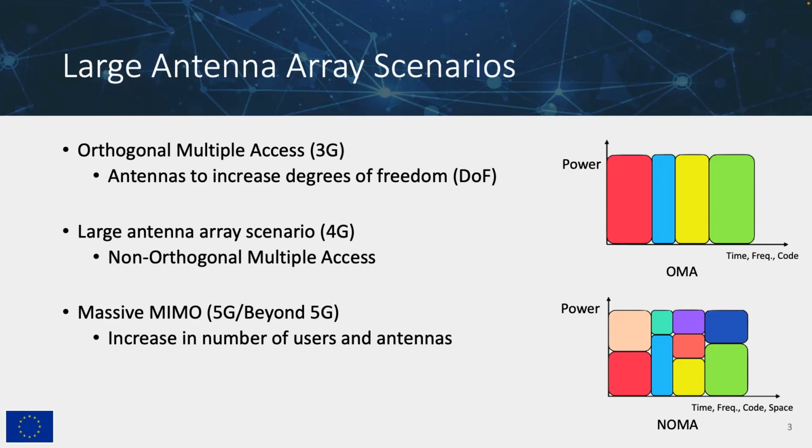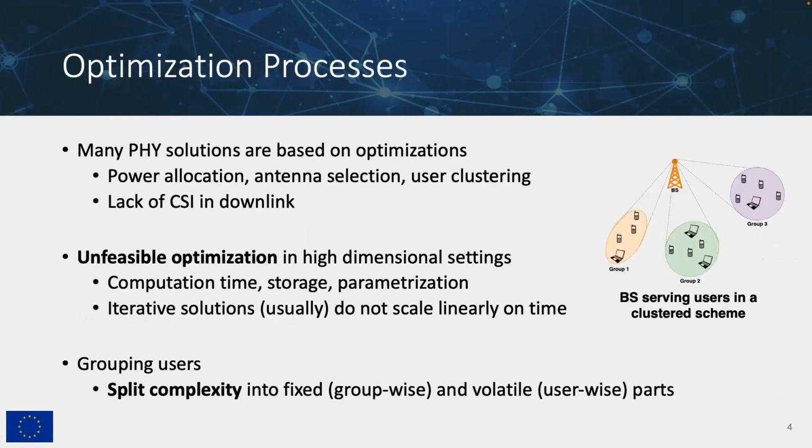The problem with that is that we have limited space, right? So you can't just put base stations and access points everywhere. Then if you have a limited number of antennas, at a certain point you might have more users to serve than antennas, and that's a problem.